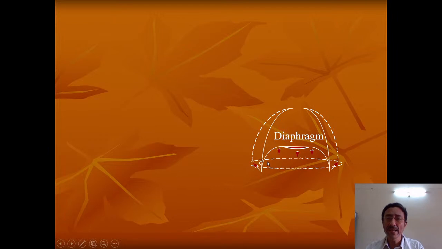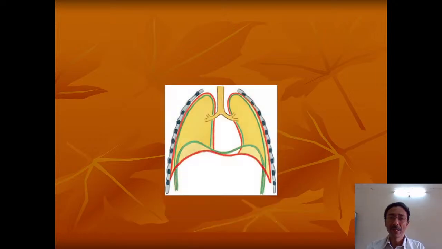Now this is the diaphragm. Here if you see, this is the dome of the diaphragm, these are the lungs, and this diaphragm is separating the abdominal cavity from the thoracic cavity. Now this is the diaphragm.